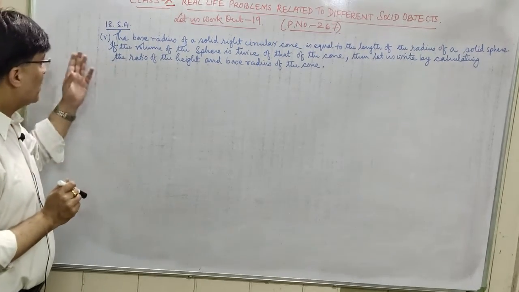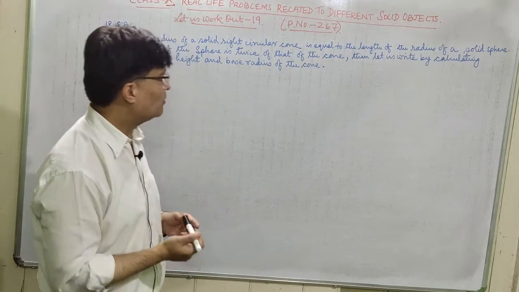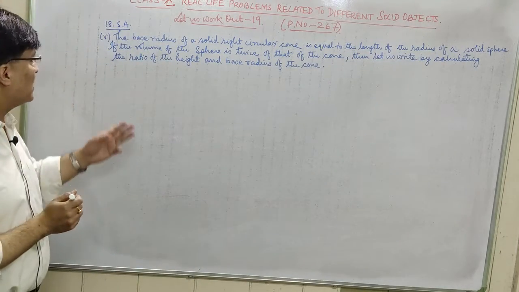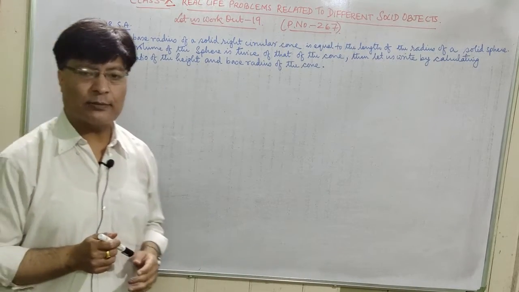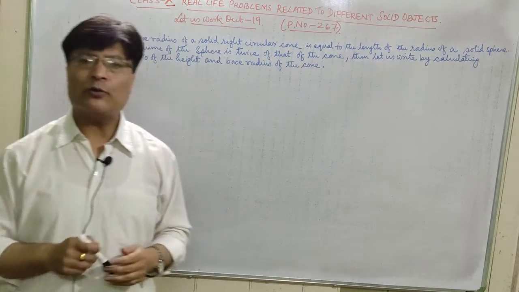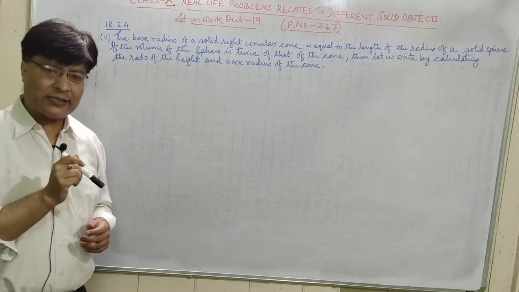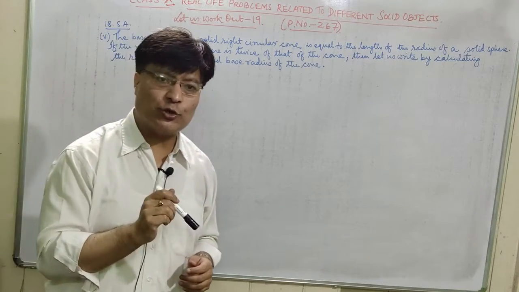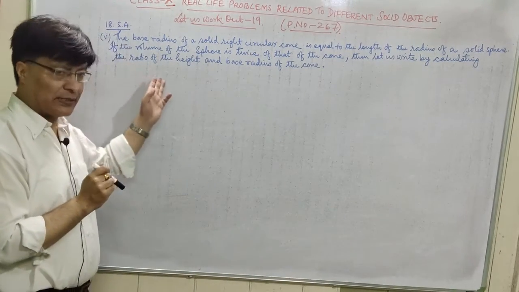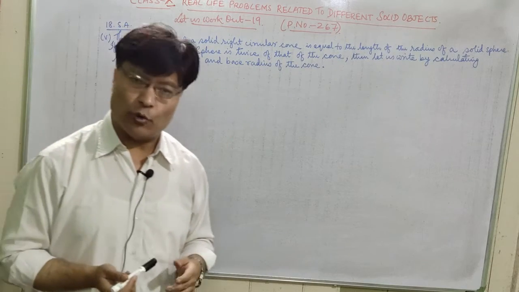Now if the volume of the sphere is twice that of the cone, find the ratio of the height and the base radius of the cone.